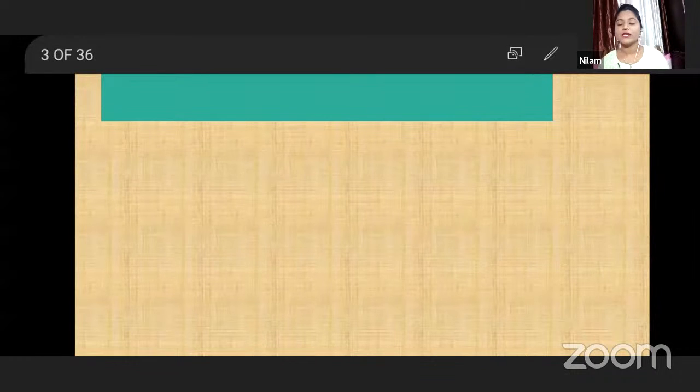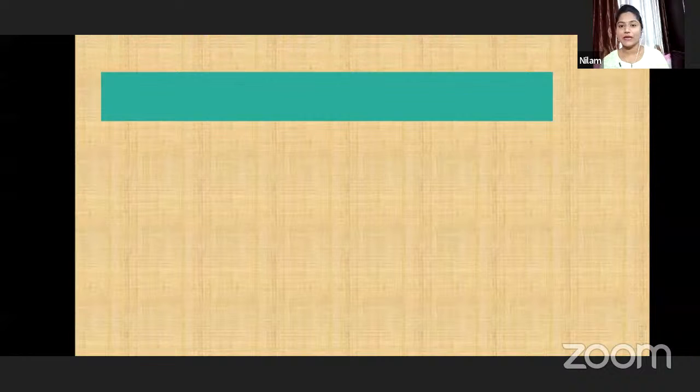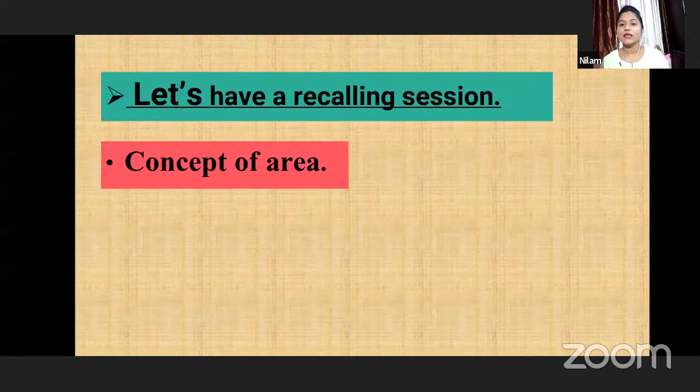So, children, yesterday we have seen some new concepts in mathematics. So, the first concept that we have learned was area. The first concept that we have learned in the last session was area. So, children, among yourselves, can anyone tell me what is an area?